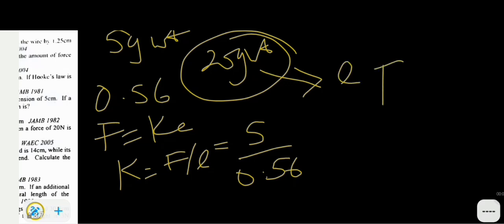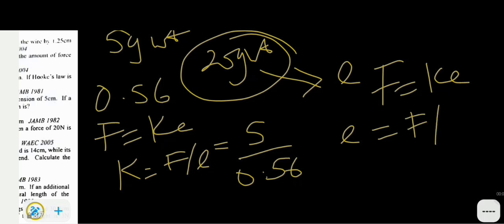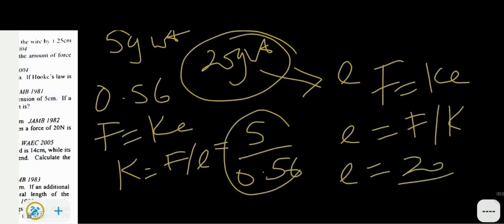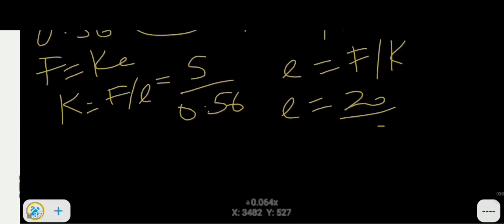So we know that F is equals to KE, and our E will be F divided by K. Our F is already given in the question, that's 20. So that will be 20 divided by the value of K, which is 5 over 0.56.